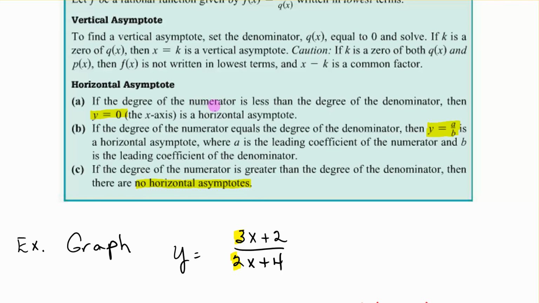If the degree of the numerator is less than the denominator, then y equals 0 is a horizontal asymptote. If the degrees are equal, then y equals a over b, where a is the leading coefficient of the numerator and b is the leading coefficient of the denominator. If the numerator degree is greater than the denominator degree, then there are no horizontal asymptotes.